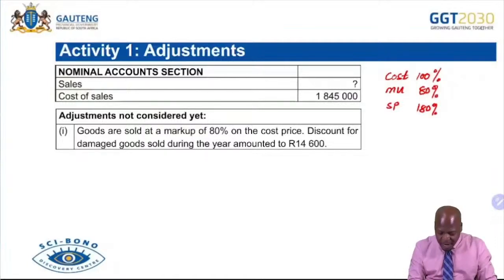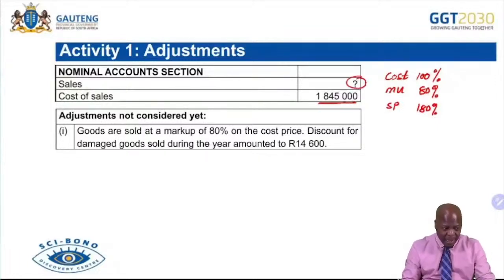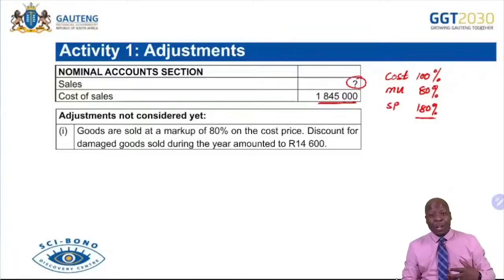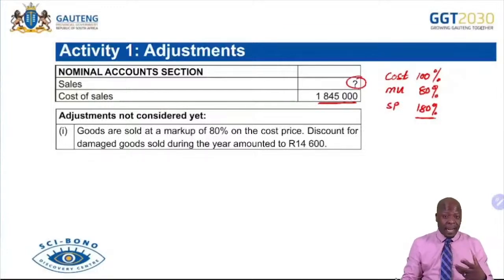Because we are given the cost of sales here, they want us to calculate sales. And in order for us to calculate sales, it is very easy, because you know that your sales is 180. So you then use either what we call the UK method, others call it what you want over what you have, but it simply calculates what you are missing.